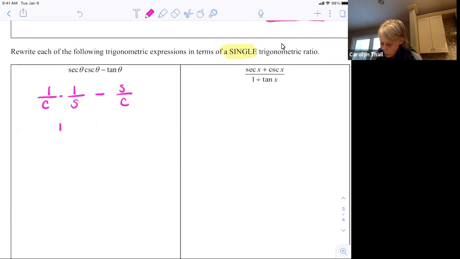So I have 1 over cosine sine minus sine over cosine. I want to add the two fractions. I need to get a common denominator. That is cosine times sine. So I'm going to multiply this term by sine over sine. Combine in the numerator: 1 minus sine squared over cosine sine.